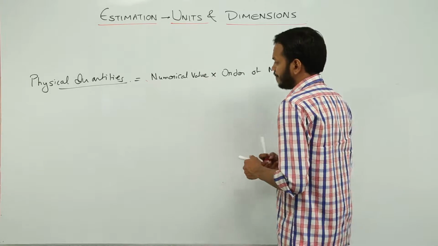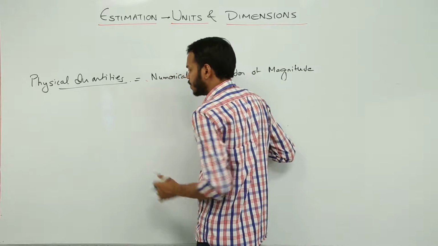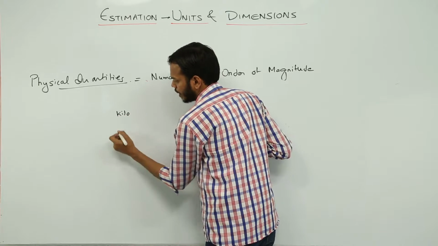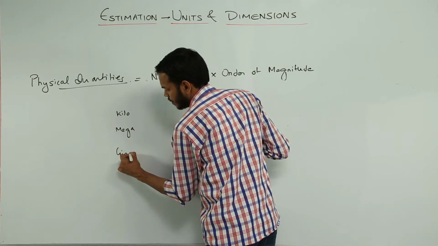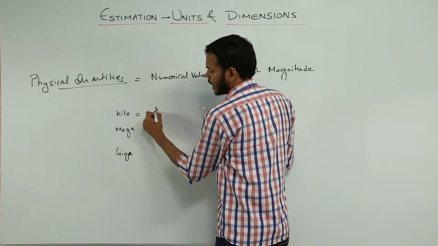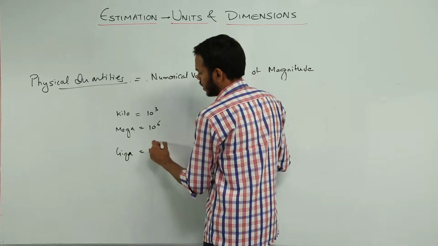For example, I am writing names of a few: kilo, mega, giga. So these are 10 raised to power 3, 10 raised to power 6 and 10 raised to power 9.